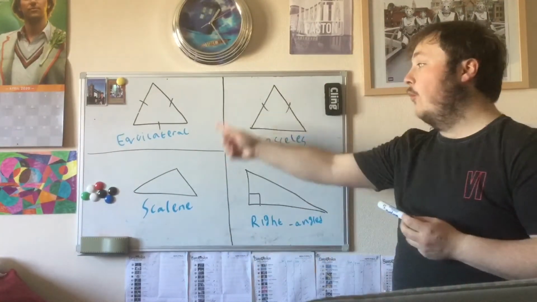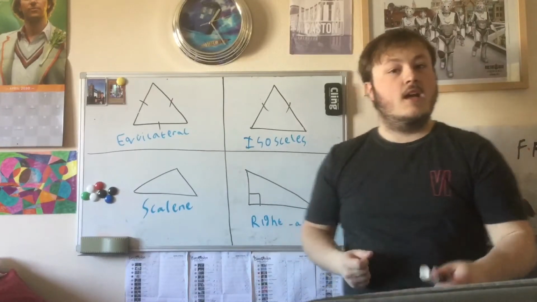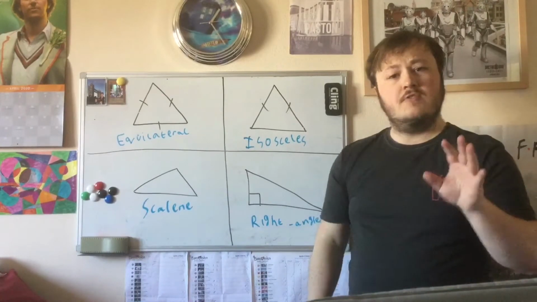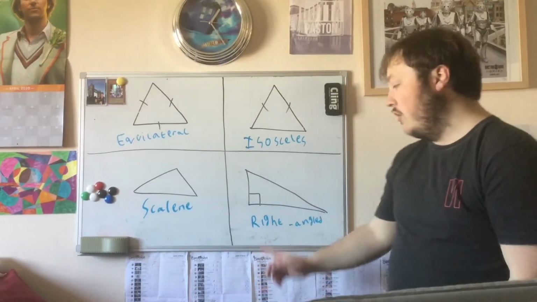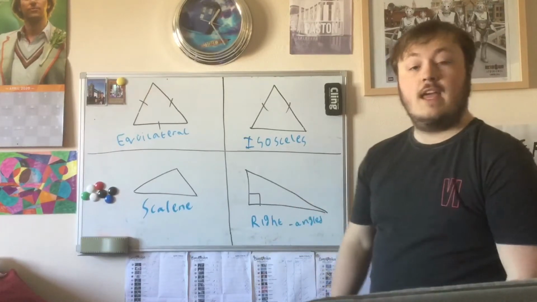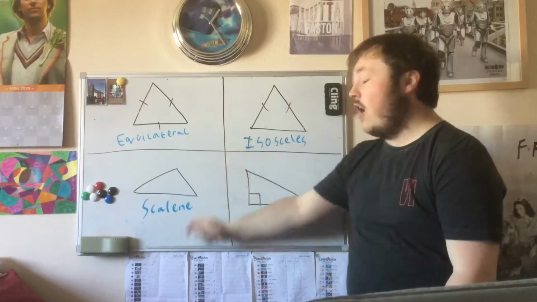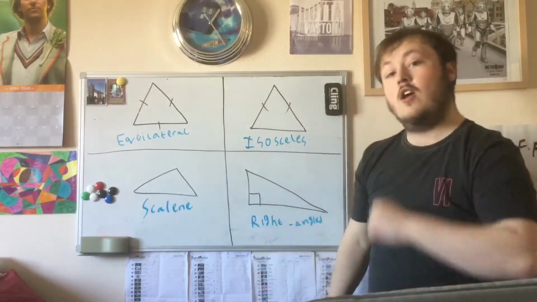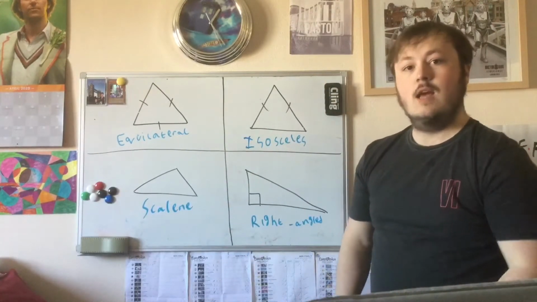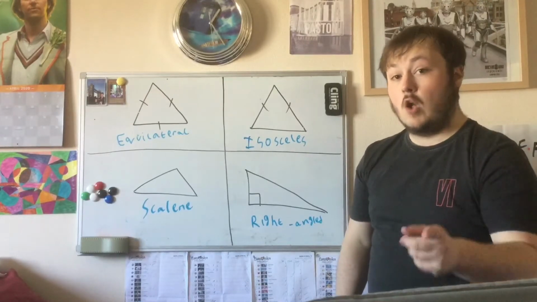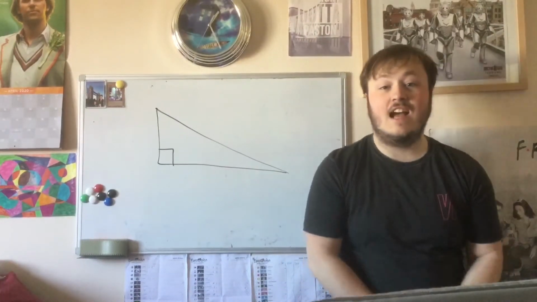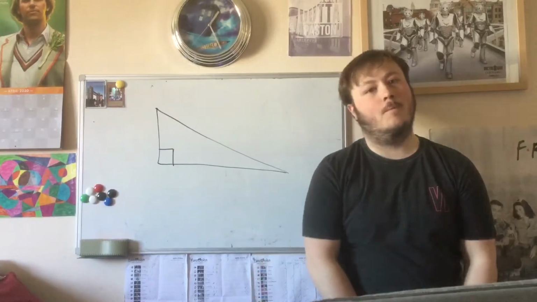And those are the 4 different types of triangles. Now, for the first 4 videos this week, I'm only going to be focusing on this triangle here. We'll get to these 3 later on. But it's good to remember what they are because you will need them for when I go on Friday, Saturday and Sunday. But for now, let's just focus on a right-angled triangle.